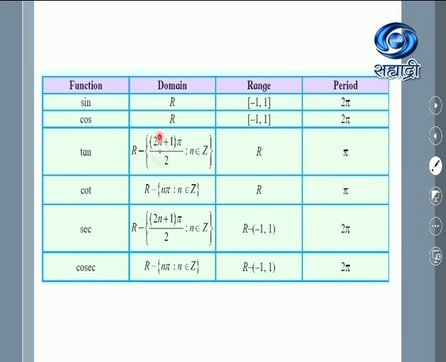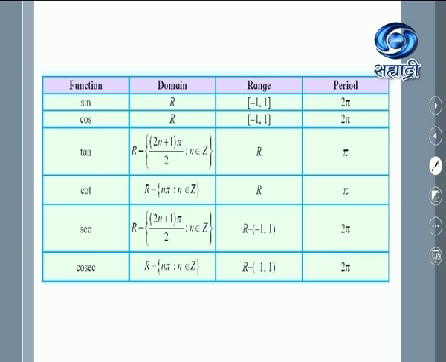For example, if I put n is equal to 1 here, you will get 2 into 1, that is 2 plus 1, that is 3 pi by 2. If I put n is equal to say 5, you will get 5 2s are 10 plus 1, that is 11 pi by 2. You may have negative integers also. You may put n equal to 0. If I put n equal to 0, you will get pi by 2.